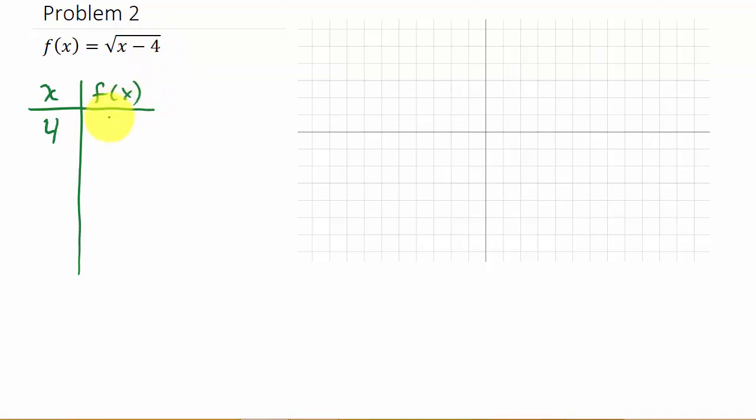The first x value you want to choose is the x value that makes underneath the square root 0. And in this case, it's a 4. So you can actually take the x minus 4, set it equal to 0, and you can solve. And so we need to choose x to be 4.